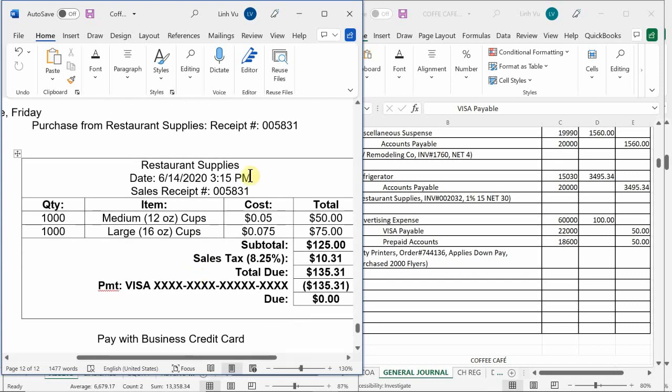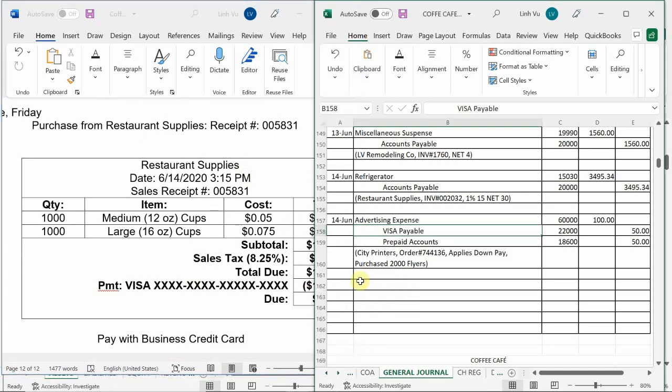Okay, so how do I journalize this transaction here?